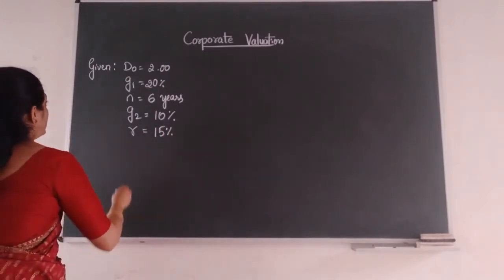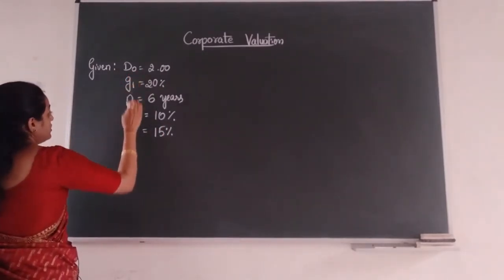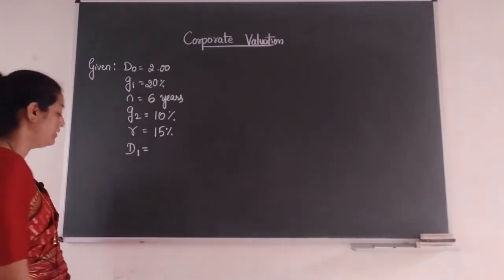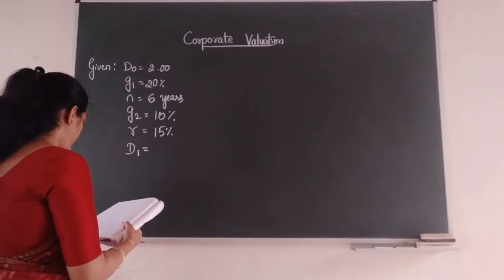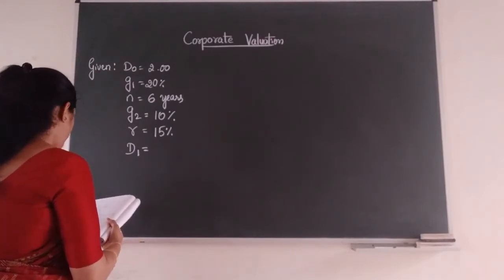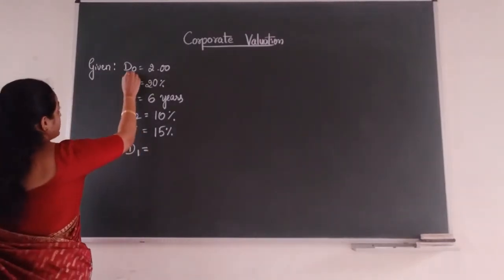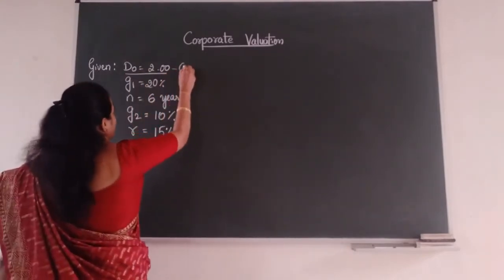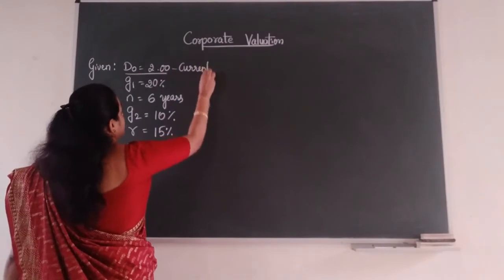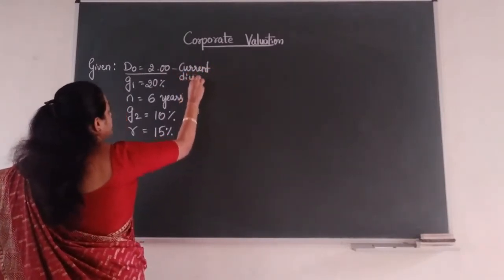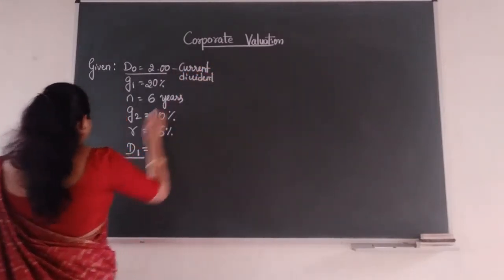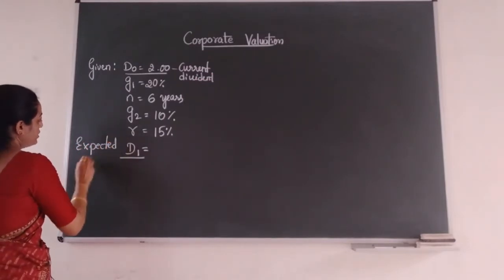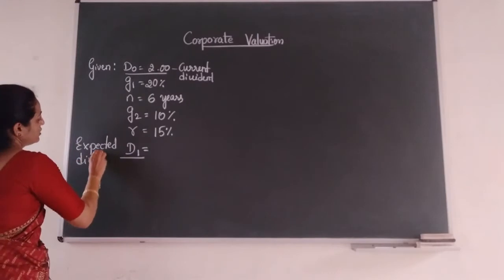Okay. So, from D0 we will find out D1, because this is the expected dividend. This is the current dividend, and this is the expected dividend, which we need to find out.